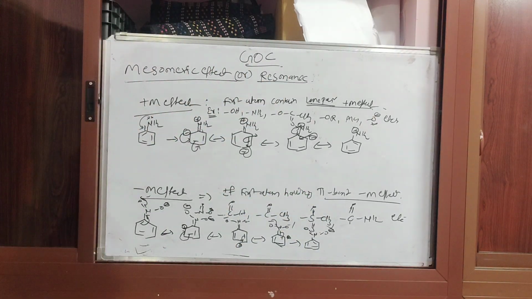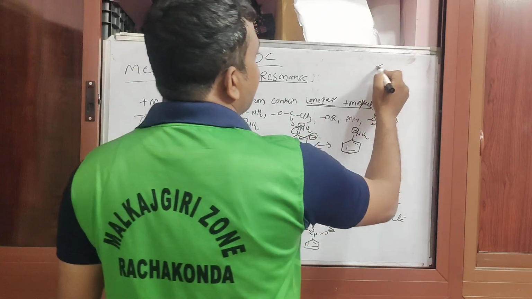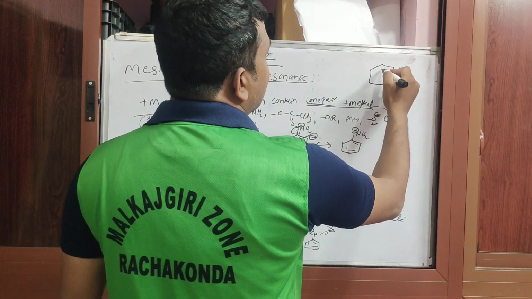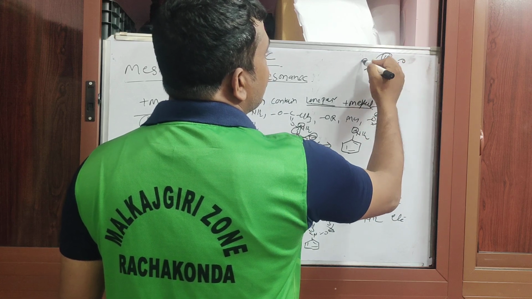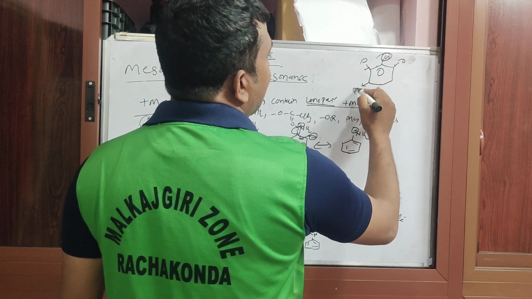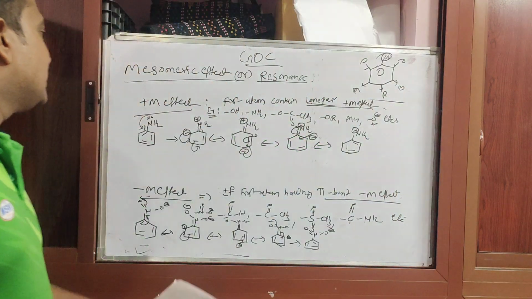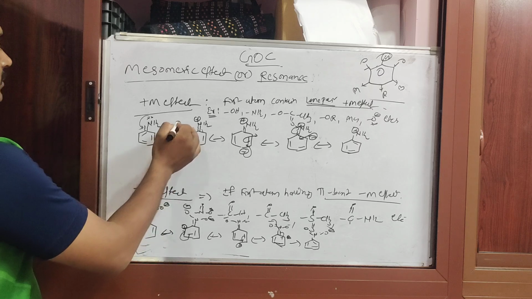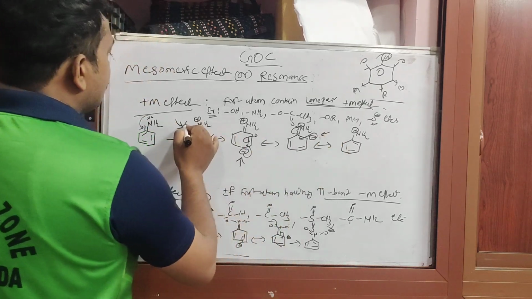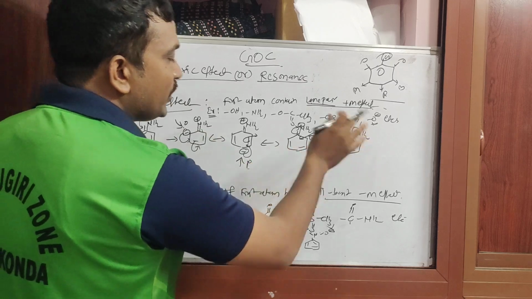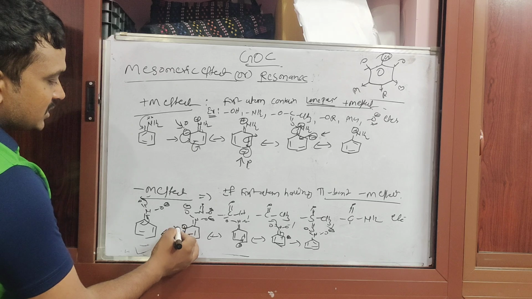For example, if you take a group on benzene, these are the ortho positions, this is the meta position, this is the para position. Here you see where we get the negative charge: in ortho and para positions. Where do we get the positive charge?